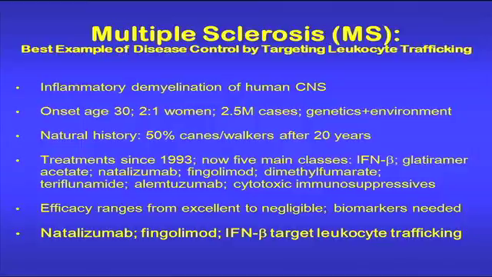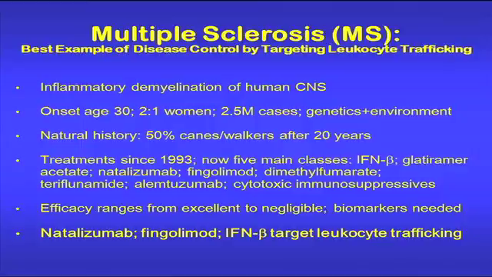Class number 4 would be the oral agents, fingolimod, dimethylfumarate, teriflunomide. And class number 5 would be the cytotoxic immunosuppressives, which, given the availability of the drugs with lower toxicity that I mentioned before, are rarely used anymore.